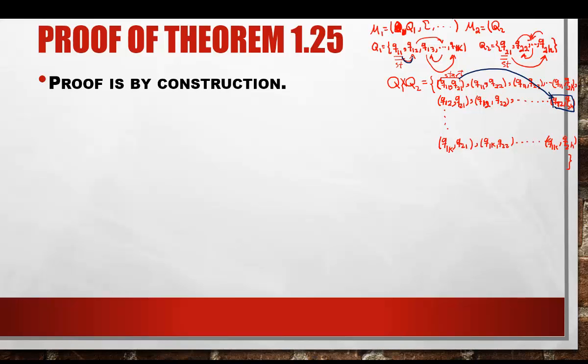Because if this was my first move here and this was my first move for this machine, then the combination of the two machines, when I simulate them side by side, goes into this state over here. Now let's say that for this guy, from Q21 it goes to Q1K, and then from Q2H I go to Q22, right? Then I'm going to Q1K and Q22, which is this pair. So then I jump to this state, right?